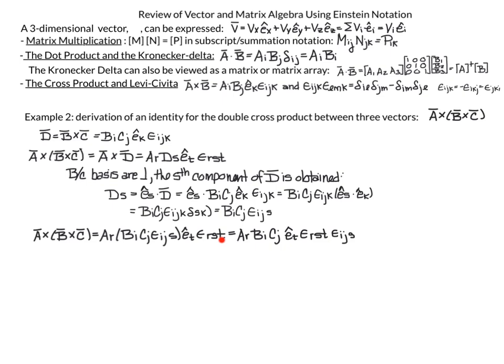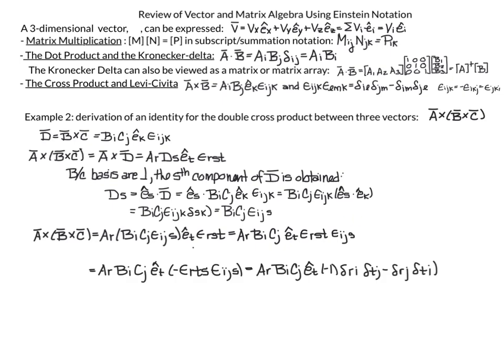So what this is going to be equal to is A sub R, B sub I, C sub J. We have our e^T, our epsilon IJS, and our epsilon RST. The next thing we want to do is simplify these two epsilons. And the thing is, we have this rule here that we can use if the last index is the same, which they are not here, but we can switch the order of indices around, just making sure that whenever we interchange two, we put in a negative sign.